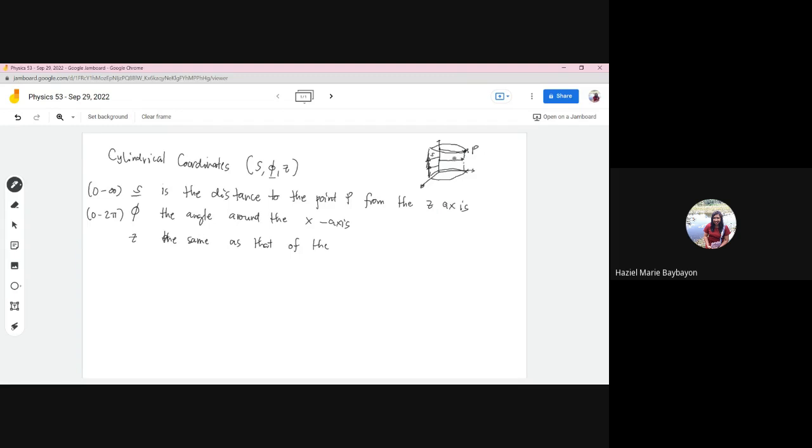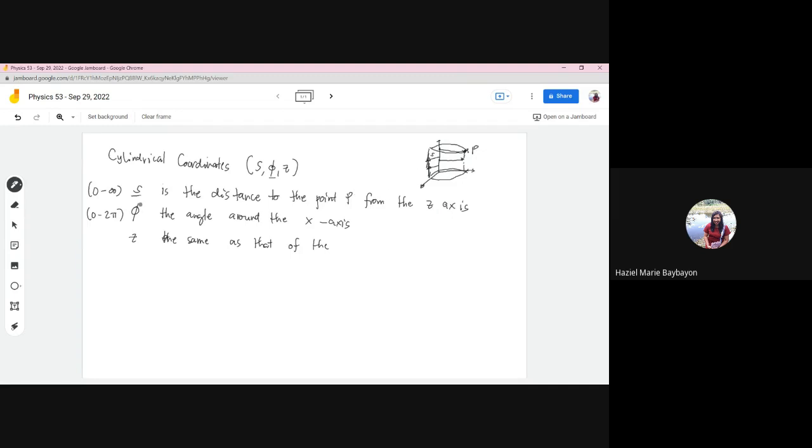Now S is the distance to the point P from the z-axis. So anywhere from the z-axis towards the body of the cylinder, or more specifically, ang line from the z-axis padulong sa imong point P, that is equal to S. So the distance between the positive z-axis and your point P is equal to S.